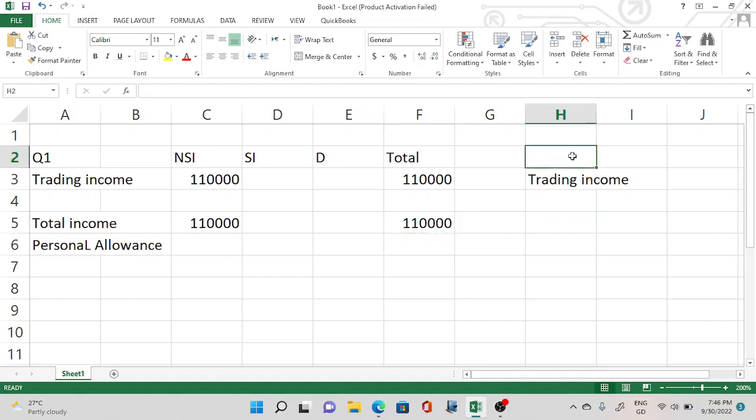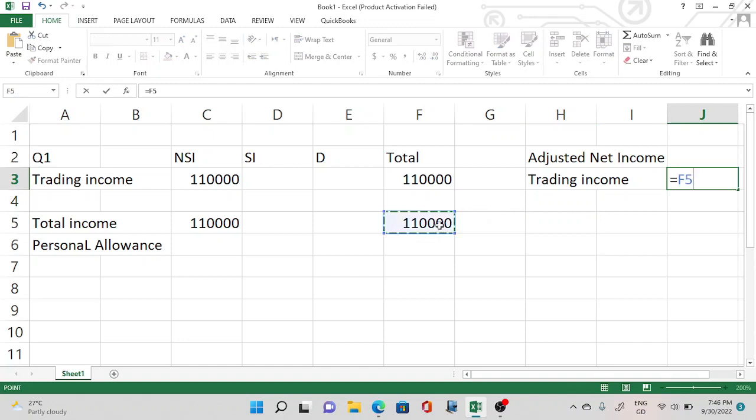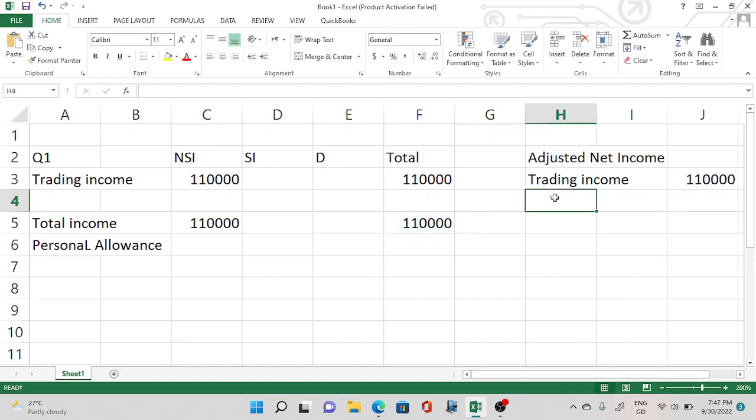To know this, we are supposed to find the adjusted net income, and if the adjusted net income is more than 1 lakh, then the personal allowance will be reduced. So for adjusted net income, trading income is 110,000, out of which he has made gift aid donations. Always take the gross amount.